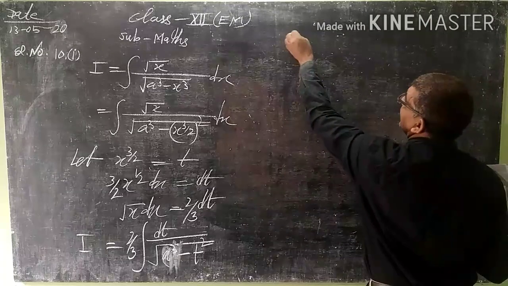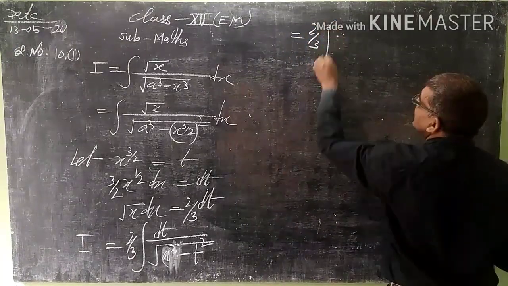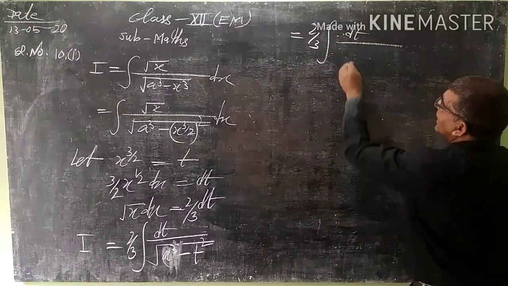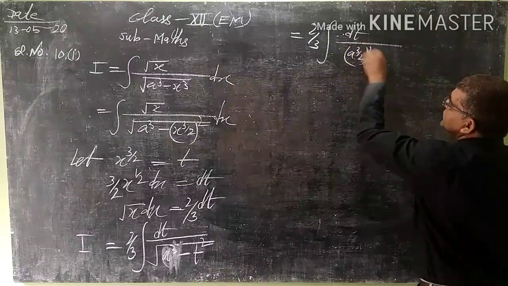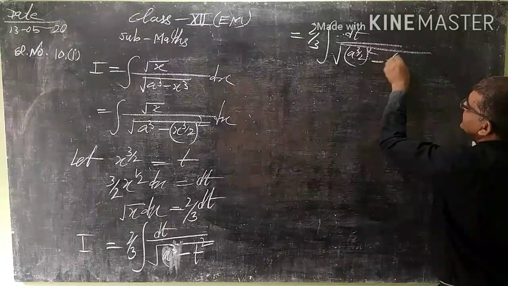It can be written as 2 upon 3 dt upon power of a 3 by 2 whole square minus t square.